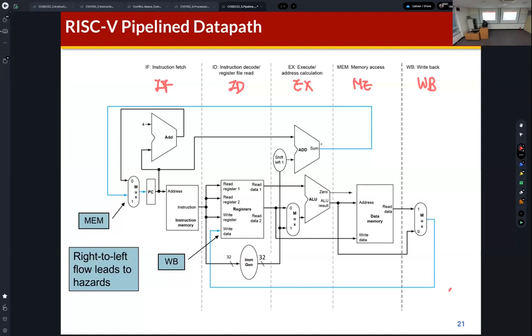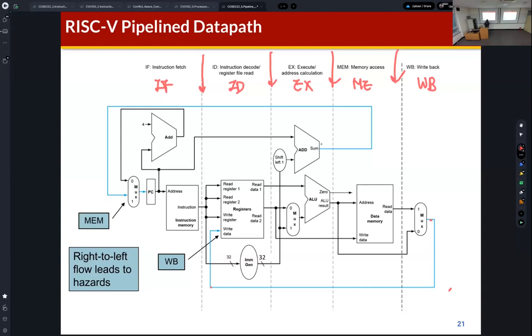You can find this is the result, written back to the register file. So this is the single cycle processor, and we can split its steps into 5 parts.